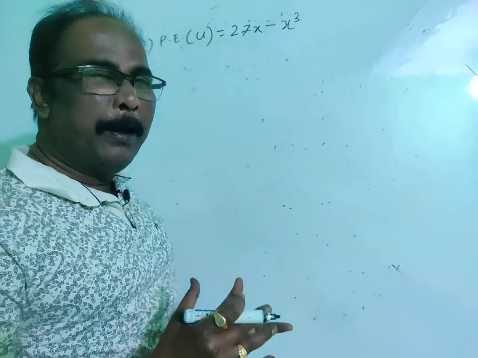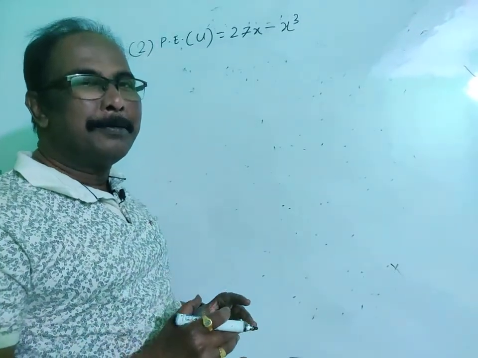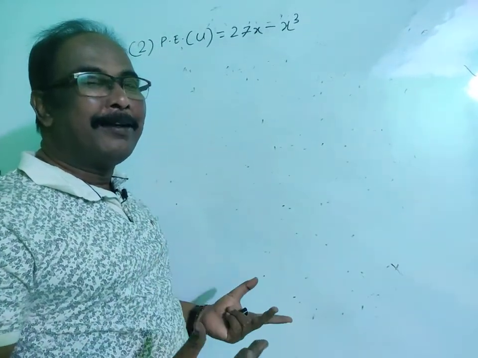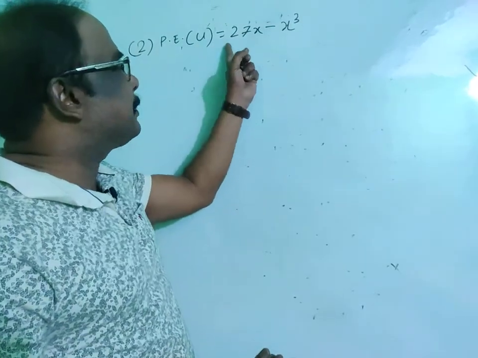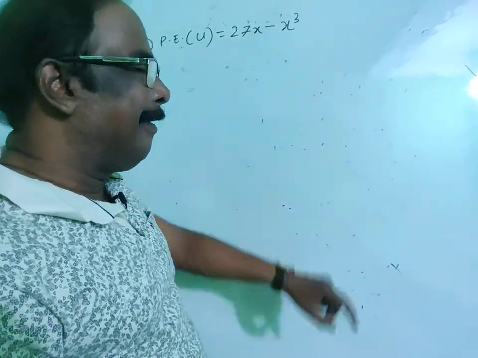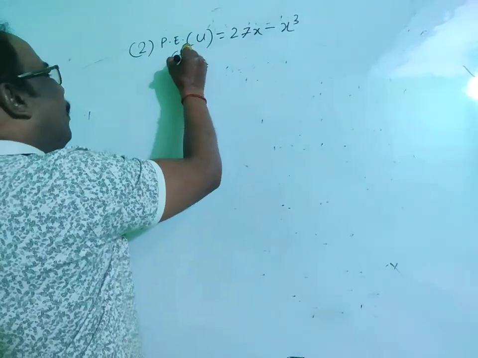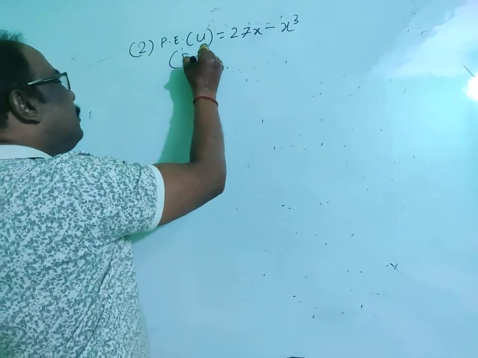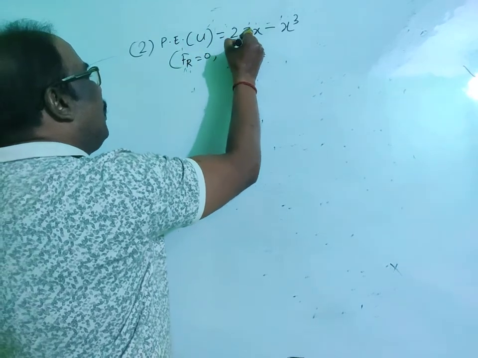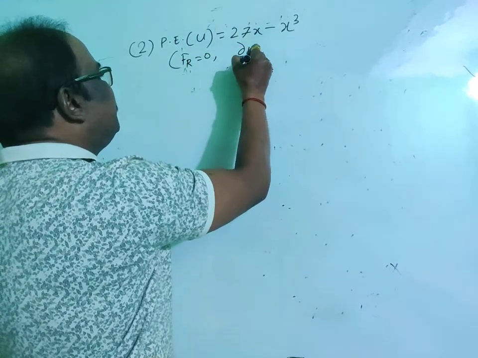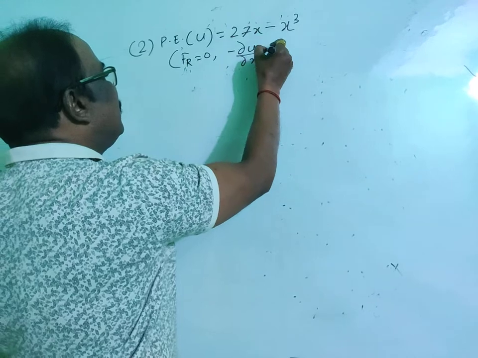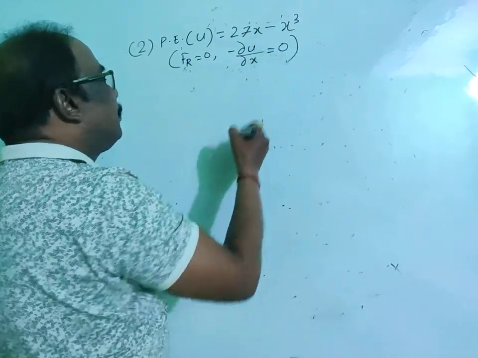Then we have to find positions of stable and unstable equilibrium. This is the expression for potential energy. For all cases of equilibrium, net force is 0. For all cases of equilibrium, minus du by dx is equal to 0.